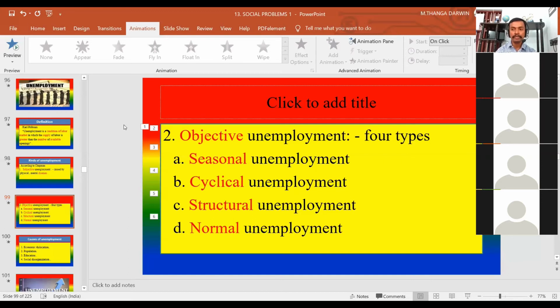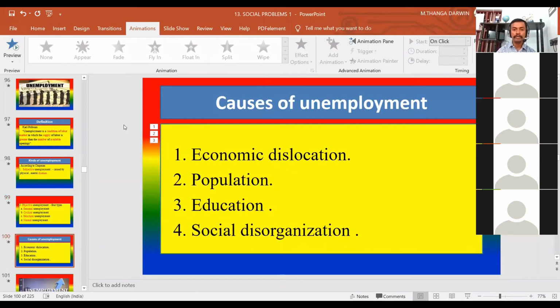Then cyclical unemployment, which repeats: some days having employment, other days there is no job. Then structural unemployment due to illiteracy and lack of economic infrastructure. Then normal unemployment. Then causes: economic dislocation, population, education, social disorganization.